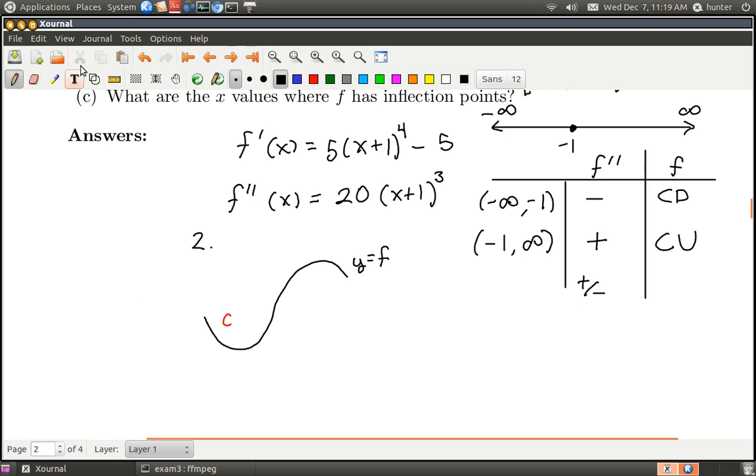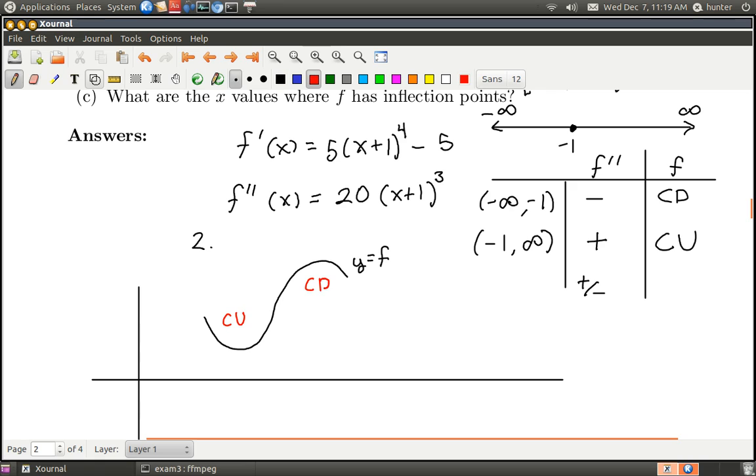If it makes you feel more comfortable, you could draw some axes here. So this is going to be a region on which f is concave up, and this is going to be a region on which f is concave down.